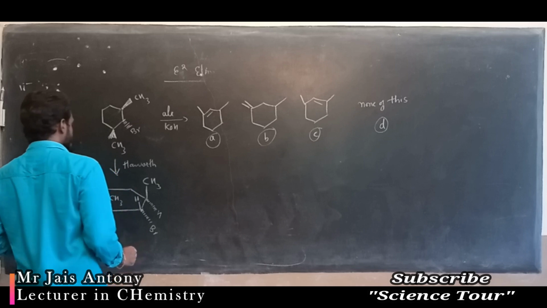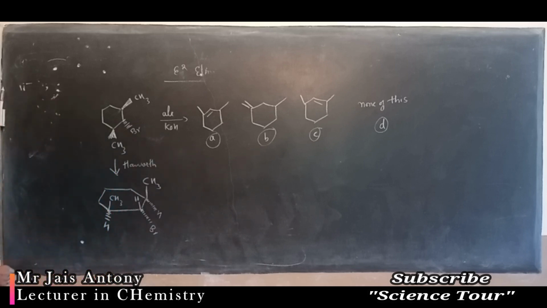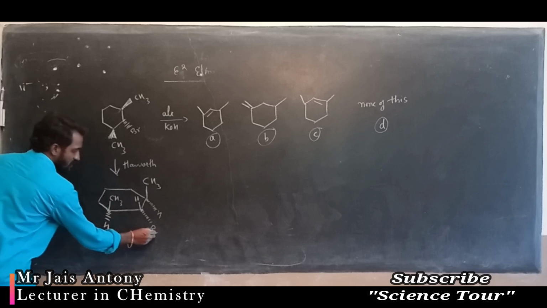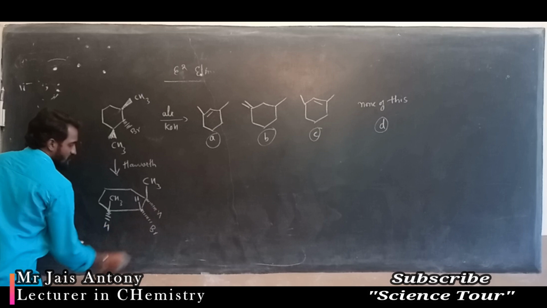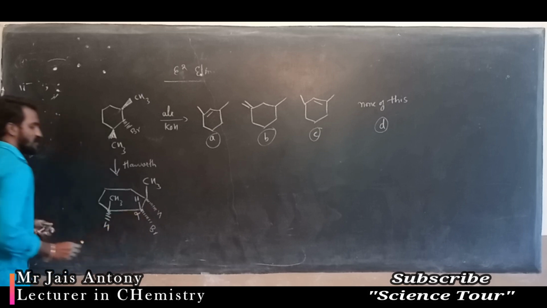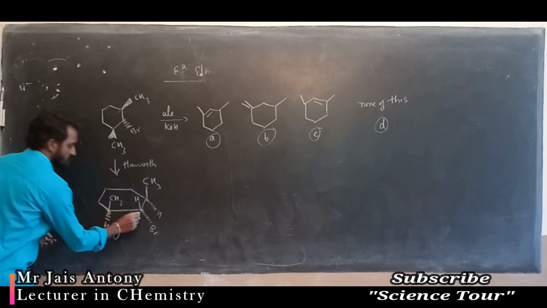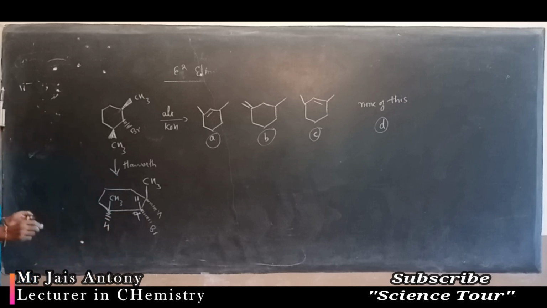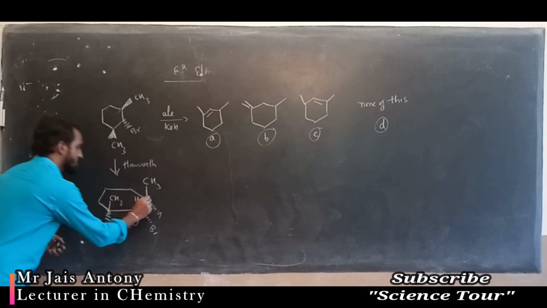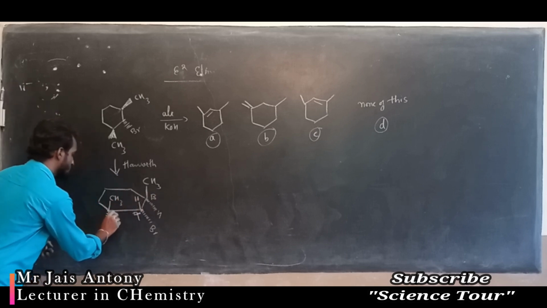Now E2 elimination requires an anti-periplanar H and leaving group. Here H is this one, here Br is this one, and this is the alpha carbon. You can remove H from the beta carbons. This is one beta, and here is also one beta.